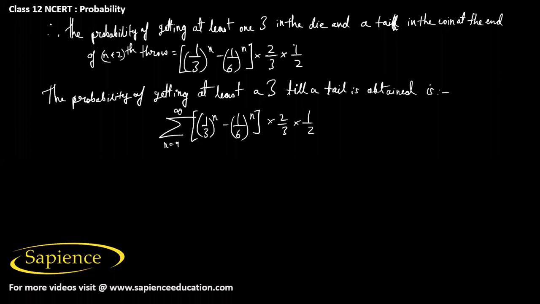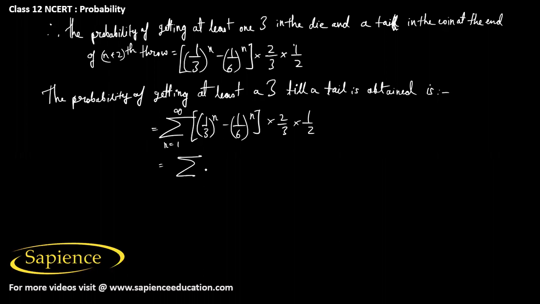Why are we adding from 1 to infinity? Since here we are considering n number of throws, and this n can be anything from 1 to infinity. So then we will get what?